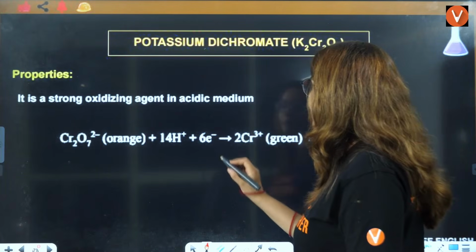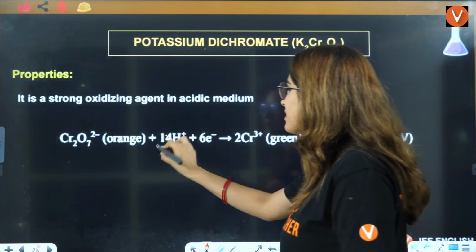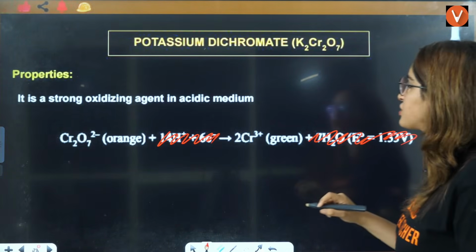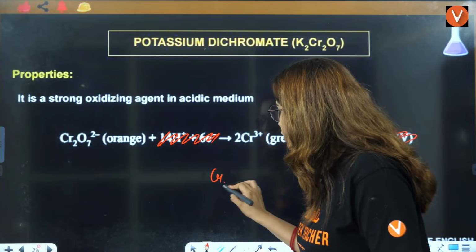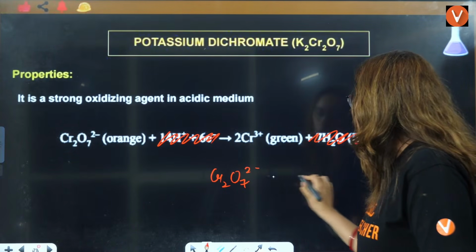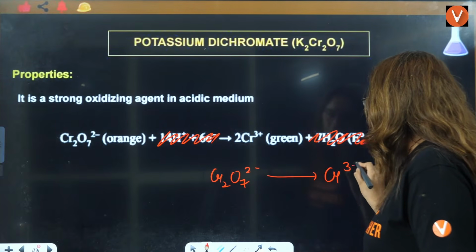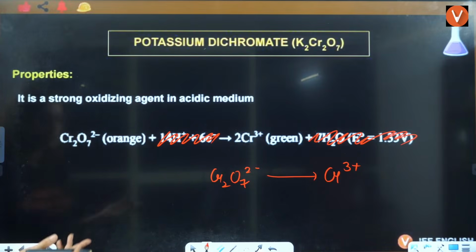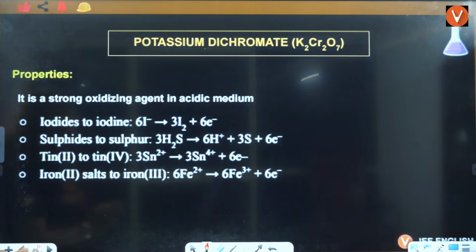In the acidic medium, you don't have to remember any of this. Just remember Cr₂O₇²⁻ is directly converted to Cr³⁺, and it will act as an oxidizing agent only in acidic conditions, not in basic conditions, right?